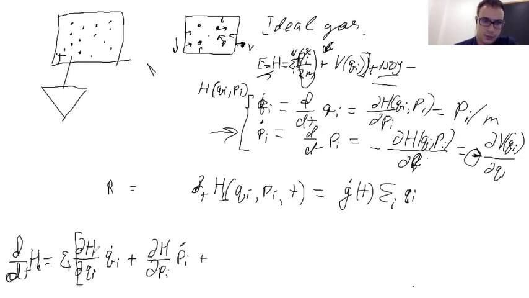So we had the Hamiltonian H1 with q_i. I already did a bit, we just use the explicit term. And then dH1 over dt, d over dt.